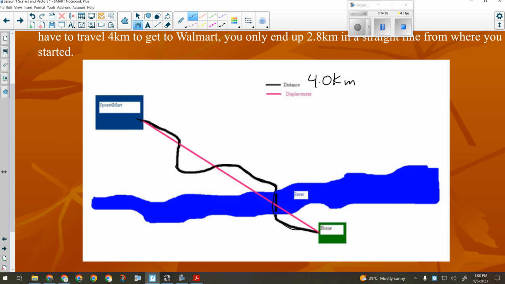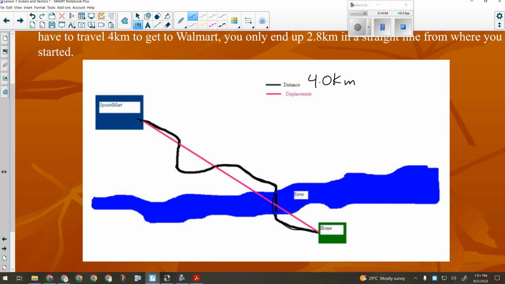If I had a helicopter, I wouldn't shop at Walmart because I'd be rich. But let's say I was able to go in a straight line because I had a helicopter. Is that going to be shorter? Shortest route between 2 points is always a straight line. So that's going to be shorter. This will be my displacement because it's how much and in what direction I change my position. It's not about how far I go. It's about how much I change my position.